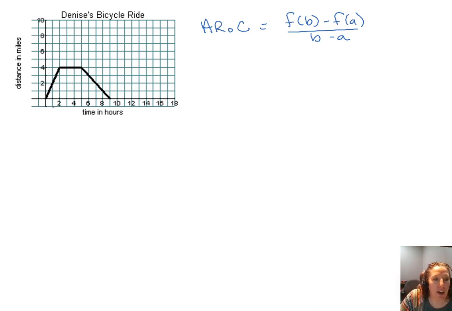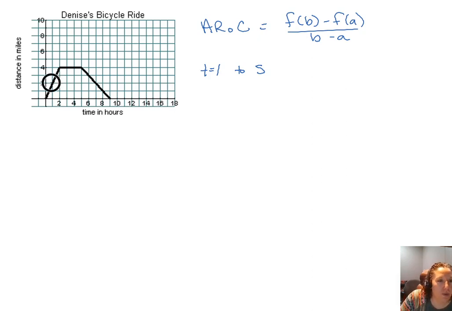And so if we wanted to find the average rate of change from time 1 hour to 5 hours, so from t equals 1 to t equals 5, that is going to be our a and our b. And then to find our f of a and f of b, we're just going to look at our graph to find those y values.